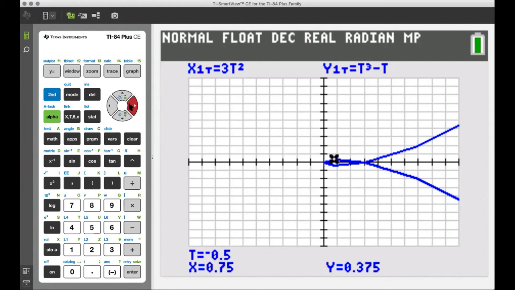Now I'm at a t-value of negative 0.5, and it looks like it's still concave down. Now I'm at t equals 0. Looks like we'd have a vertical tangent line if we had been trying to find that. And now I start into my positive t values, and notice how this is now on the underside of the curve as it comes back up and swings up and to the right. And notice how it is looking like it's concave up all here. So it is confirming what we just found using calculus.